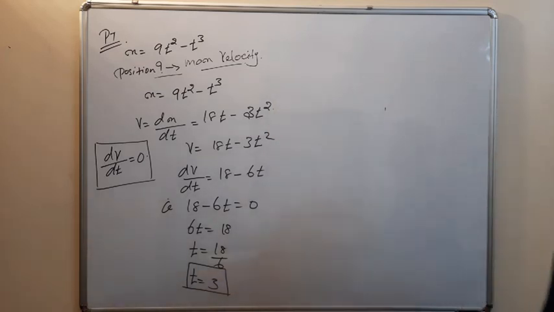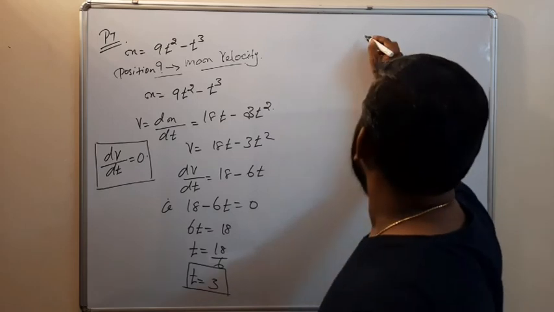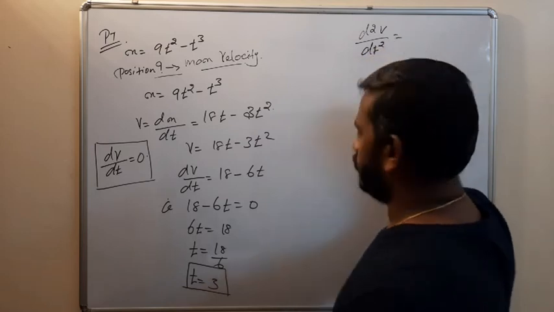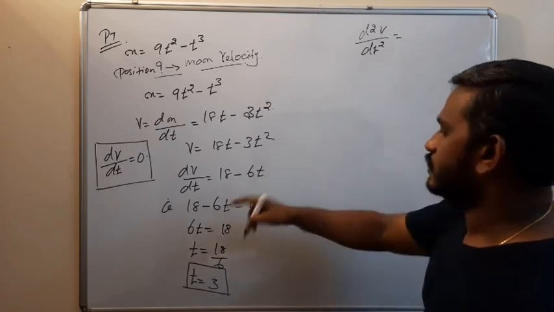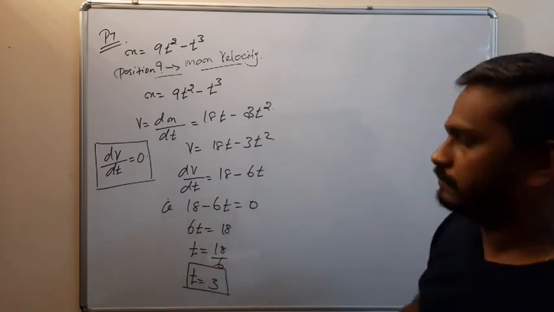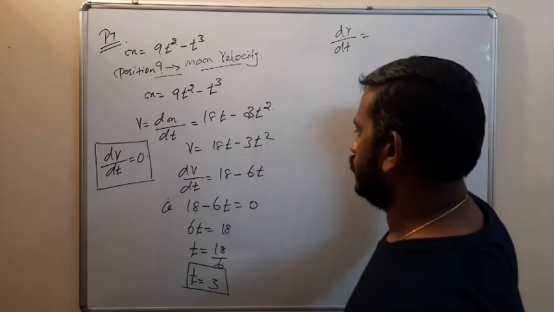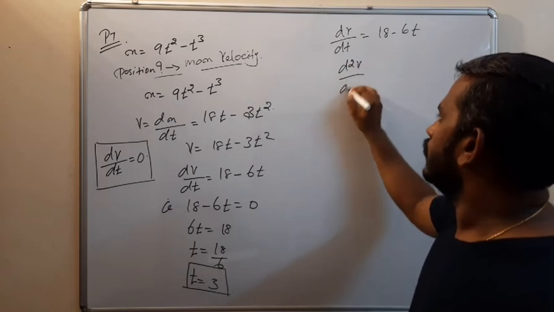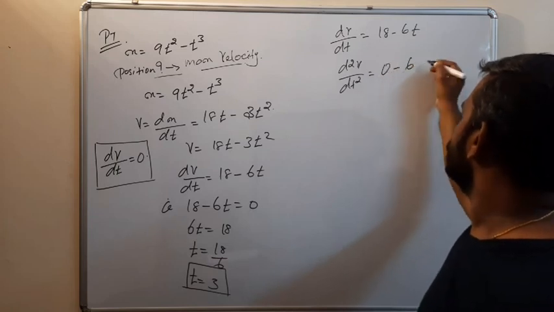We have to go to the second derivative check. Second derivative check, that is d square v by dt square. dv by dt is equal to 18 minus 6t. So d square v by dt square, the derivative of the constant 18 is 0, minus 6 into 1, that is 6.